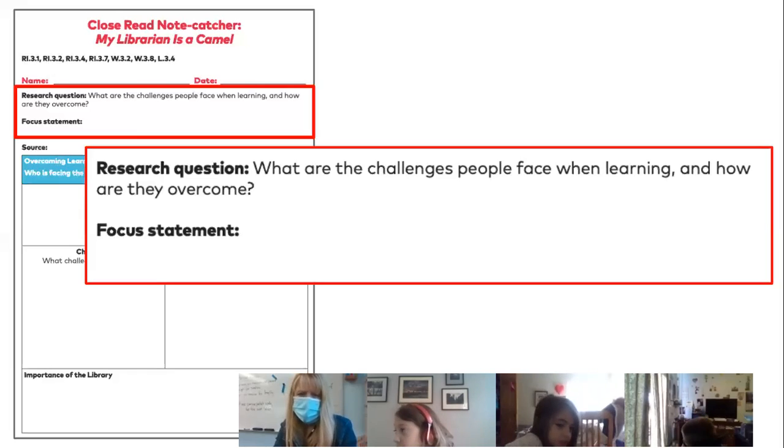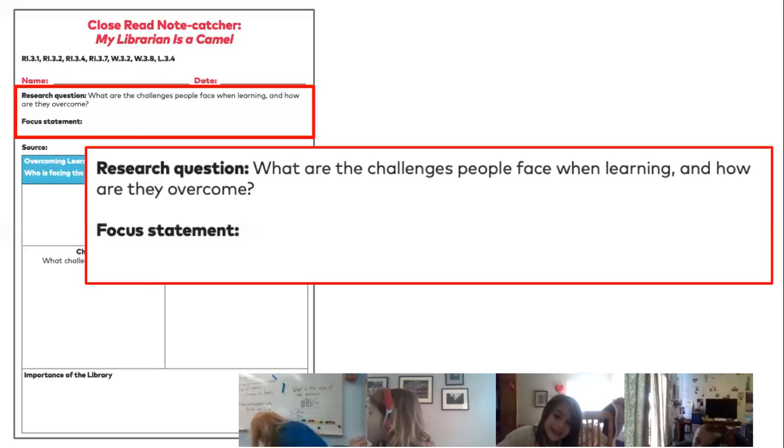You're not going to read their pages. You're not going to read their information. They're going to teach you. So your job is to be the expert of your country, because you're going to share that information with kids who didn't read about your country. Okay? So that's where we're going at the very end of this, is you're going to share this information with someone else. Okay? So you have to really know what you're talking about, don't you?